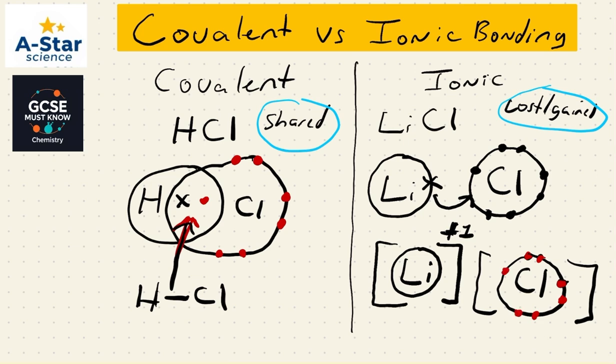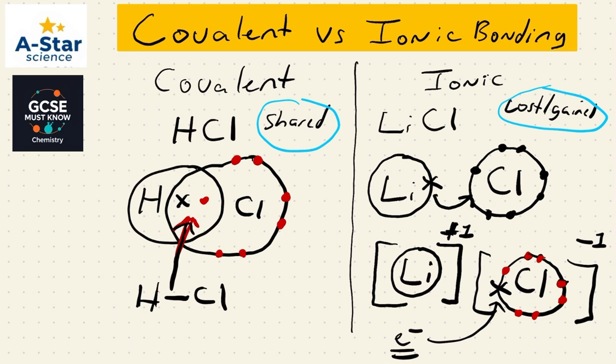Here's the 7 that chlorine already had, and now it's going to gain the 1 from the lithium, signified by the cross. Electrons, as we know, have a negative charge. So if it's gained a negative charge, it becomes a -1. And that's what we call ionic bonding, using dot and crosses.